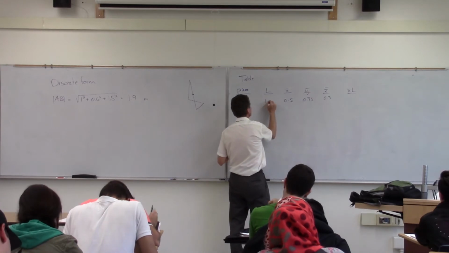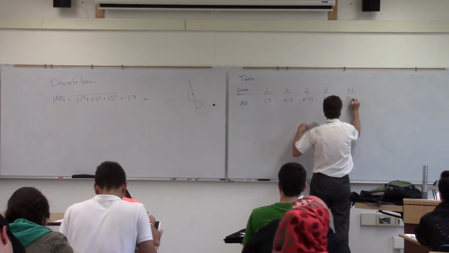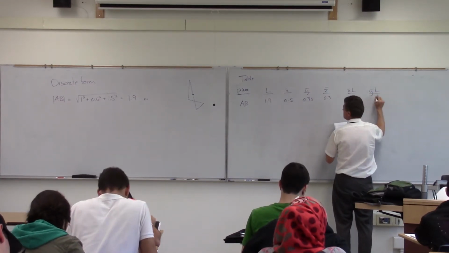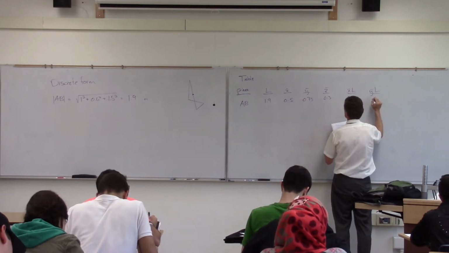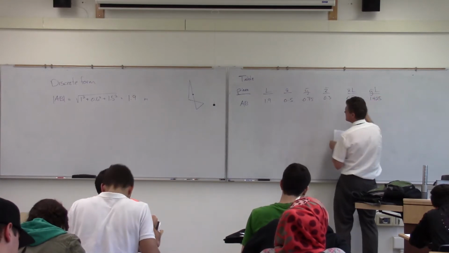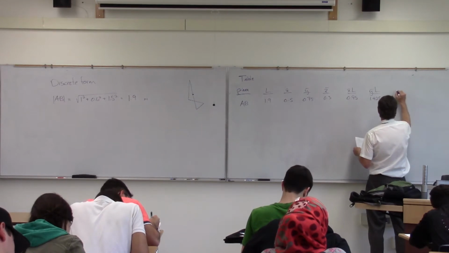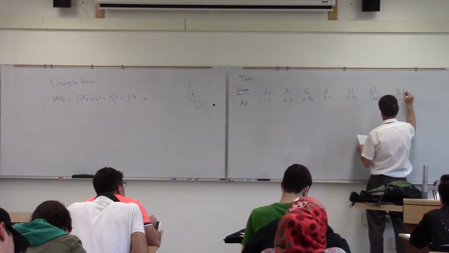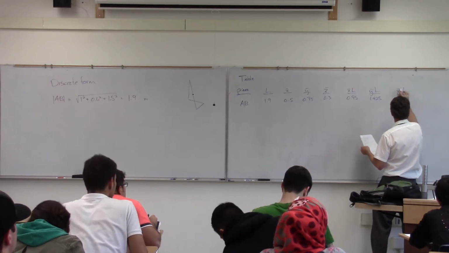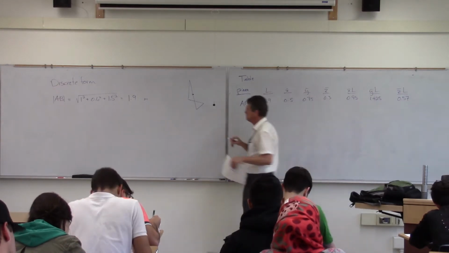So 1.9 times 0.5, 0.95. Okay, y bar L will be 0.75 times 1.9, 1.425. That sound right? Okay, 0.57. You mean z bar L? Z bar L, thank you. My batteries are running low.